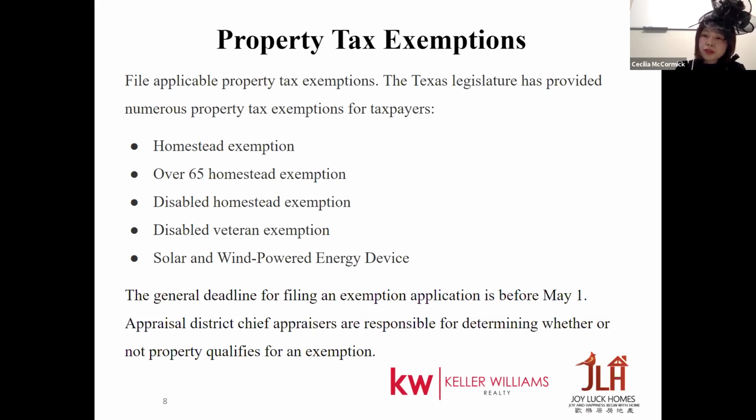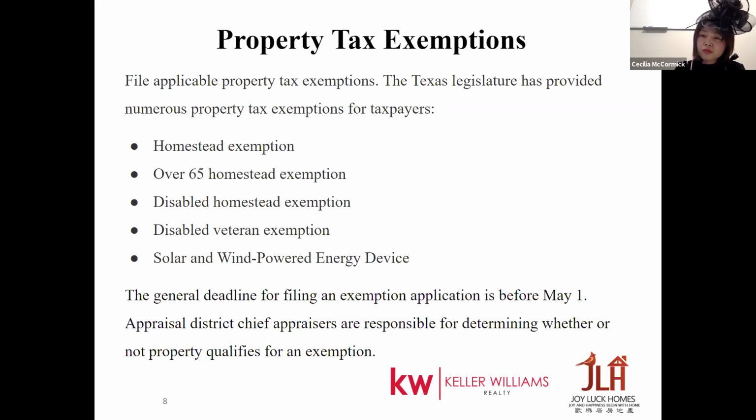Also, one thing, sometimes people get busy. They forget, like when I first moved, I forgot to file the homestead in that year. You can actually claim back 2 years. So for example, if I moved in 2018 and I qualified for 2019 homestead, but I forgot to file it in 2019, the deadline is before May 1st, typically.